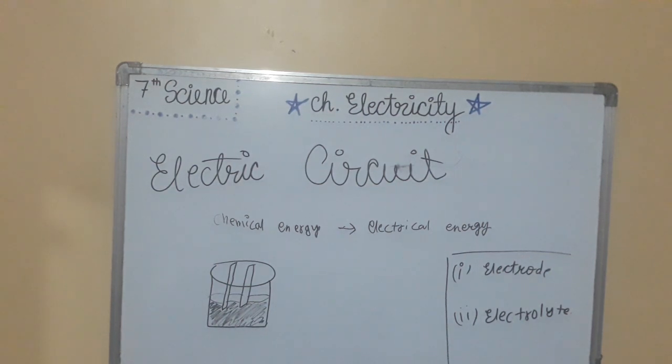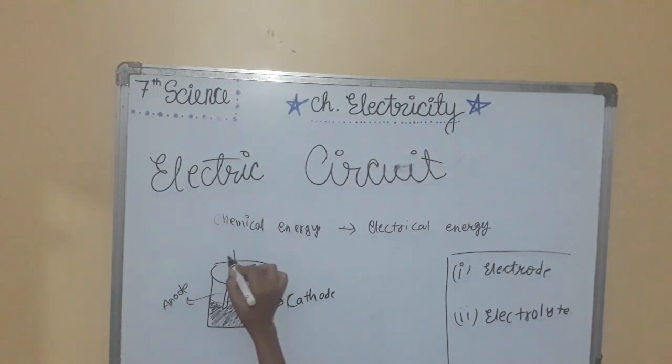Now the next is, this is the anode. This is the light region, and this is the dark region. The dark region is the cathode. Positive, negative.